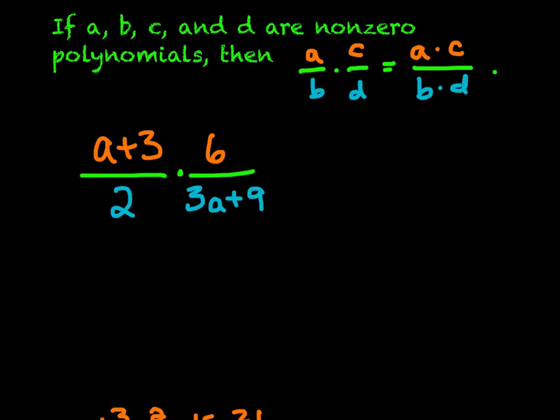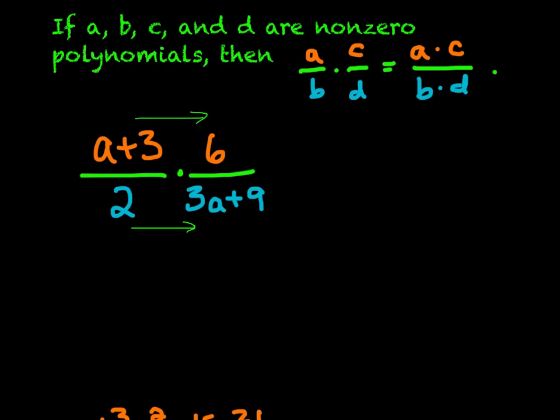When I look at this, I like to think about it horizontally instead of vertically like I just did. So A plus 3 times 6 on top, and 2 times 3A plus 9 on the bottom. If I think about it that way, then I'm multiplying the way I do with fractions, just going straight from one side to the other.